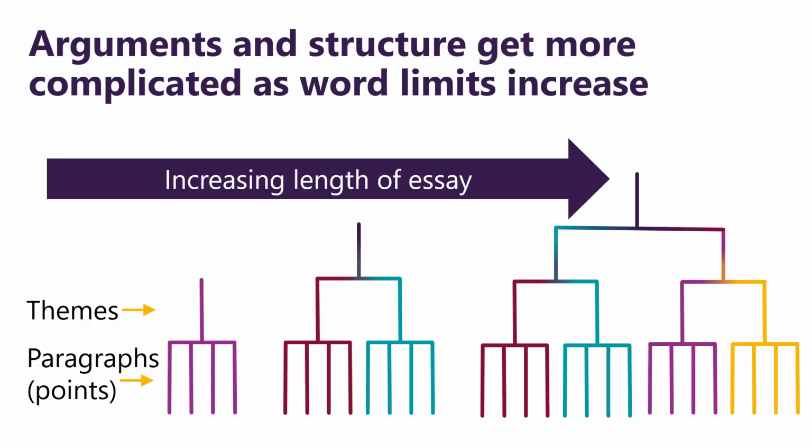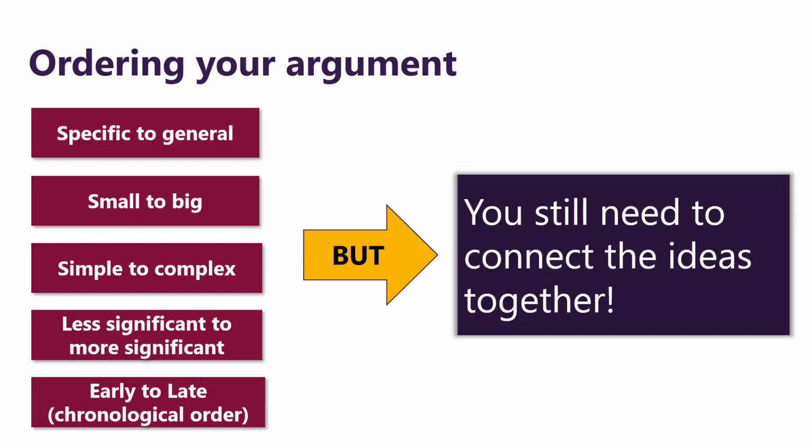Now, your arguments and structure do tend to get more complicated as the word limit increases. Those paragraphs or micro-arguments might start to fall into broader themes for the bigger and more complicated essays. But we still need to make sure we structure these in a way that is approachable. You can order your argument in several ways.